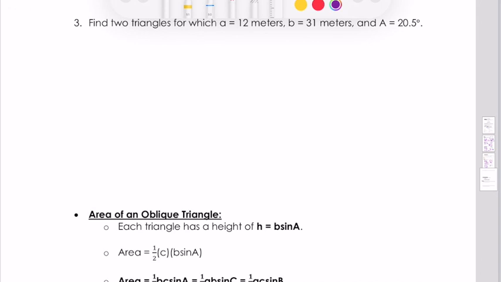Or this one is finding two triangles for which a is 12, b is 31, and angle A is 20.5 degrees.